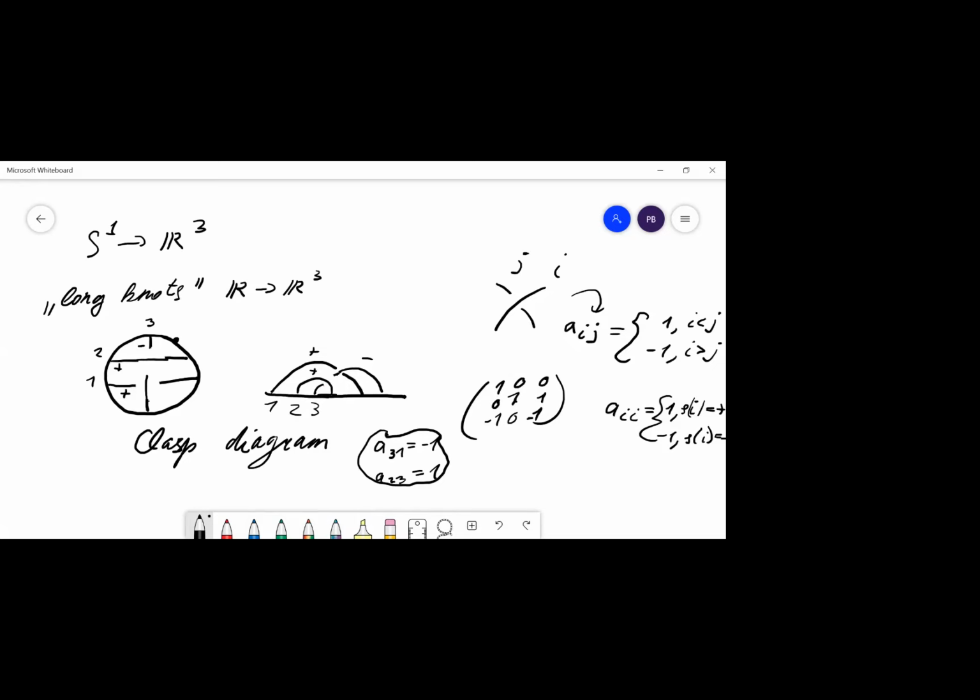Нет, в каждой точке пересечения диаграммы мы смотрим на верхнюю хорду и на нижнюю хорду. Если номер верхней хорды меньше номера нижней хорды, то мы пишем единичку в соответствующую клетку. А в симметричную клетку мы пишем 0.